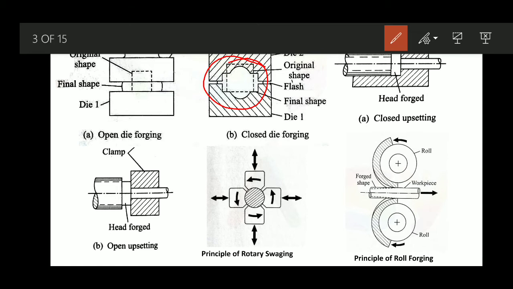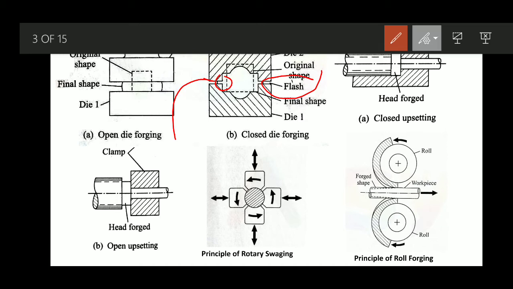Here also you can see the dotted line, which denotes the original shape, and this is the final shape that we have here, die 1 and die 2. You can see some extra flow of metal in this particular zone. That is nothing but a flash.